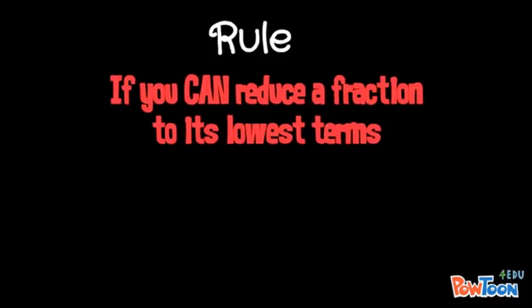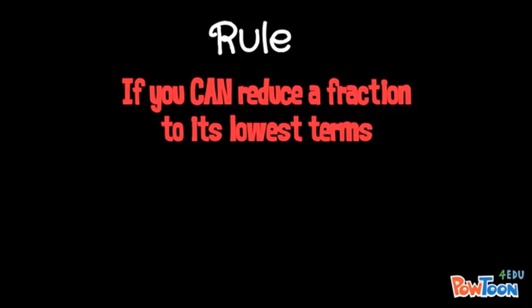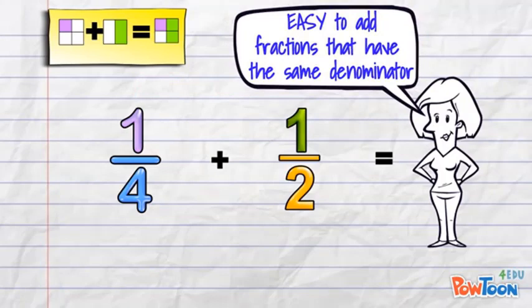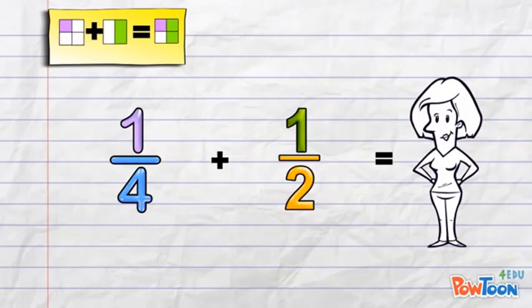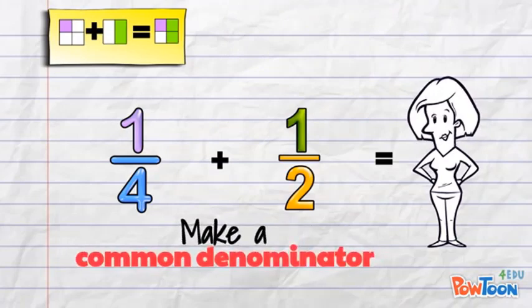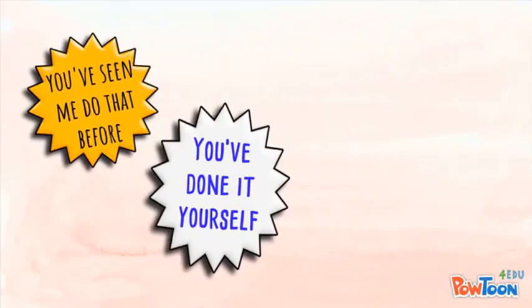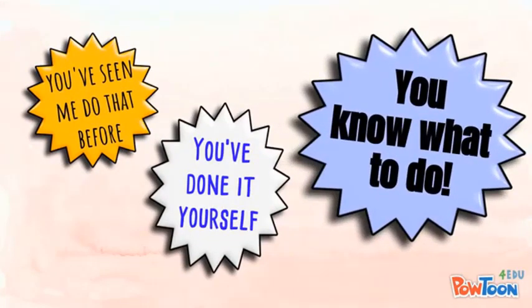The rule is, if you can reduce a fraction to its lowest terms, have a Nike moment and just do it. It's easy to add fractions that have the same denominator, so we make it easy by creating a common denominator for these fractions. You've seen me do that before. You've done it yourself. You know what to do.